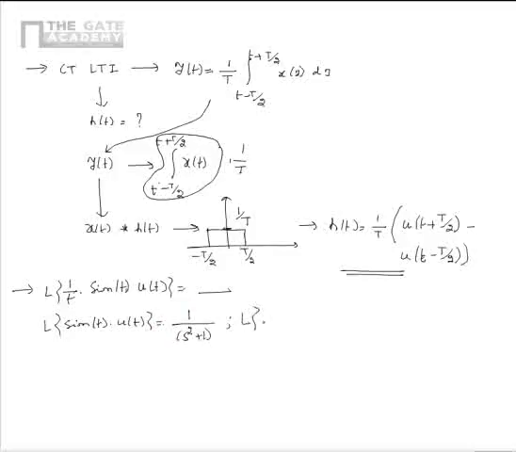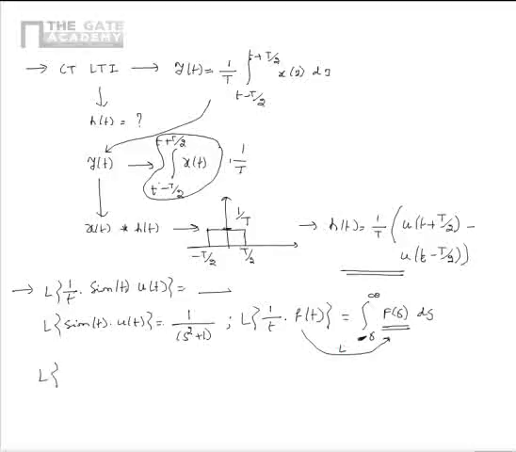We also know that Laplace transform of 1 by t multiplied by f of t, where f of t is one-sided, is equal to integral s to infinity F of s ds, where F of s is Laplace transform of f of t.